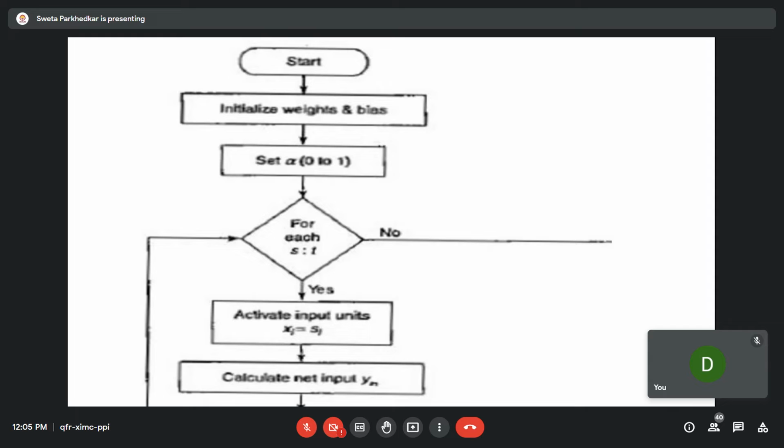There are bipolar targets and a threshold which are fixed, and there is a variable bias. This algorithm is not particularly sensitive to the initial value of the weight or the learning rate.